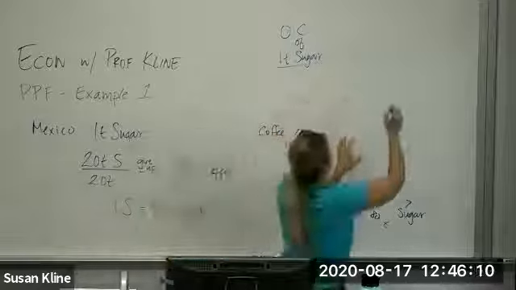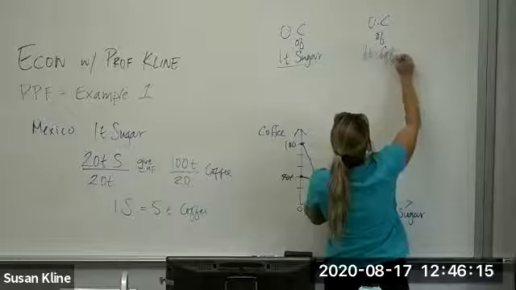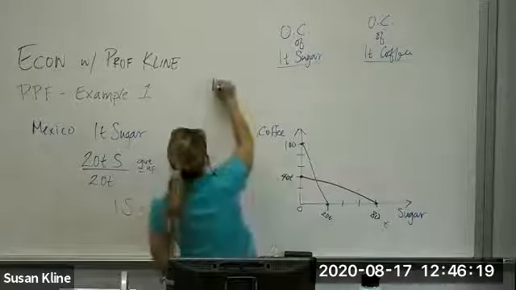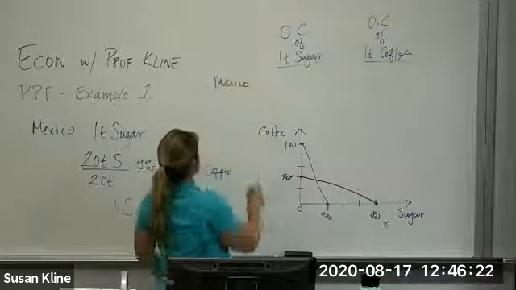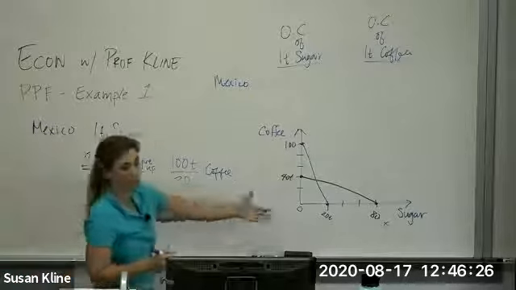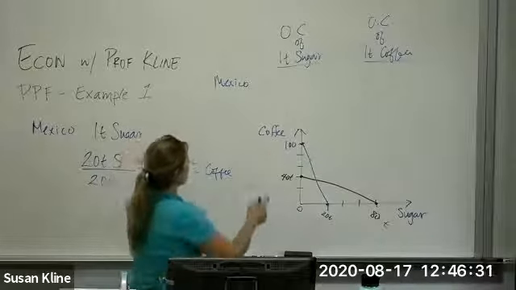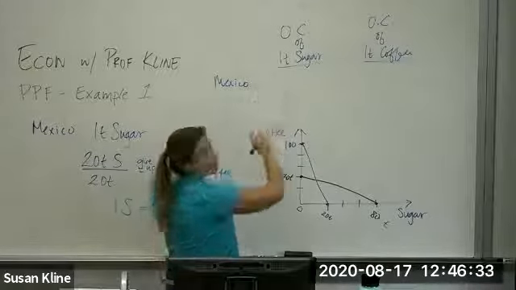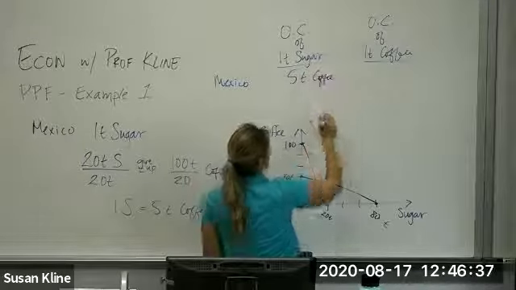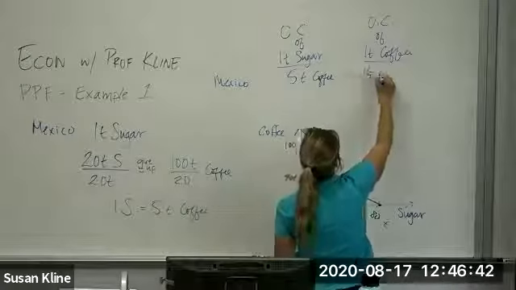And when we talk about the opportunity cost of 1 ton of coffee, it's going to be done in terms of sugar, right? And so for Mexico, we've already determined this, right? So remember, it was 20 tons of sugar or 100 tons of coffee. We also still have this in the graph right here. All right, and so for Mexico, the opportunity cost for 1 ton of sugar was 5 tons of coffee. And the opportunity cost for 1 ton of coffee was 1/5 a ton of sugar.